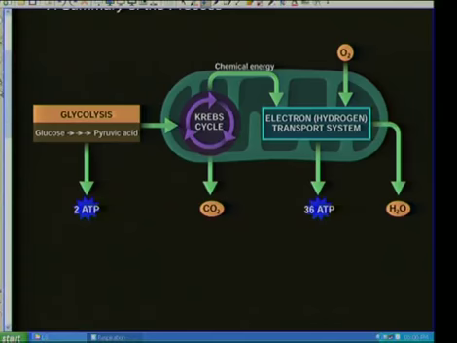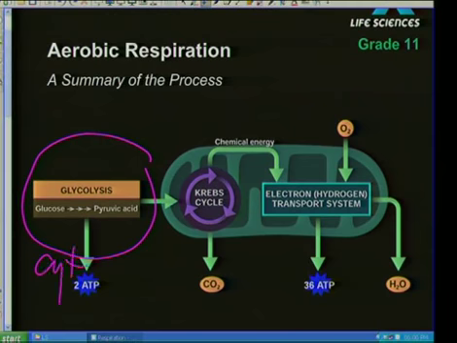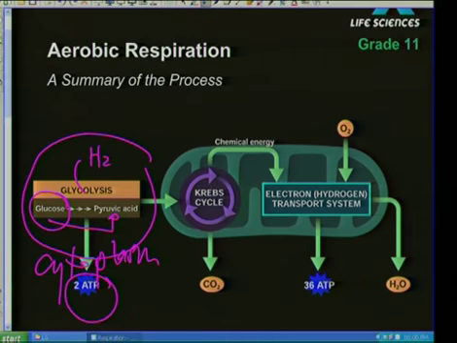First and foremost, glycolysis takes place in the cytoplasm. What has happened in glycolysis? Glucose is broken down to pyruvic acid, and ATP molecules are formed, and some hydrogen is released.